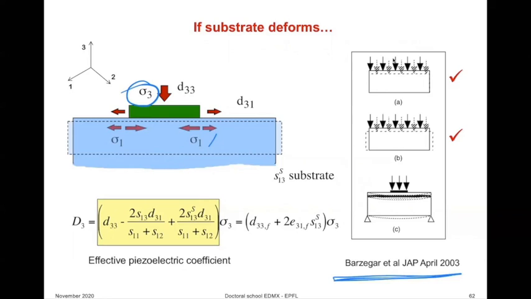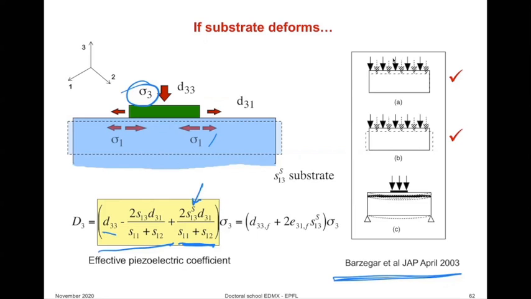And then we have to add to this relationship that we derived before, and you can try to do that. We have to add this term over here, which depends on properties of the substrate. So the index S here, substrate, actually means coefficient of the substrate.